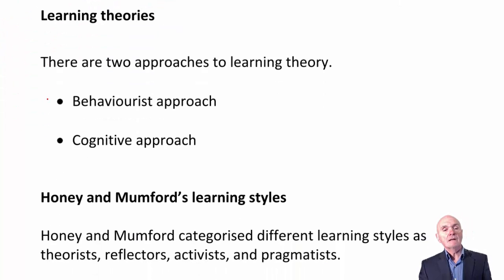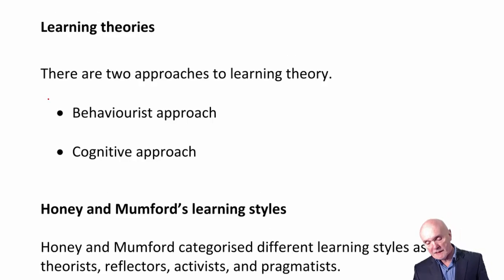Now, when giving training, we have to be aware of different theories about training. How do we go about it? How will people respond to training? And there are, first of all, 2 approaches to learning theory. There is a behaviorist approach and a cognitive approach.